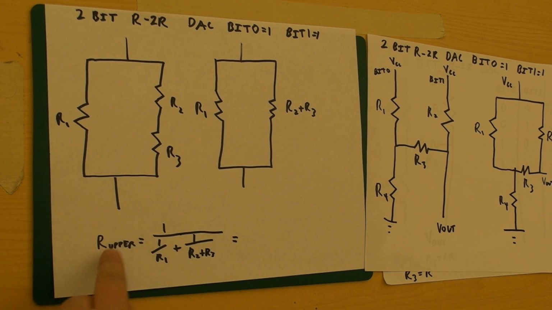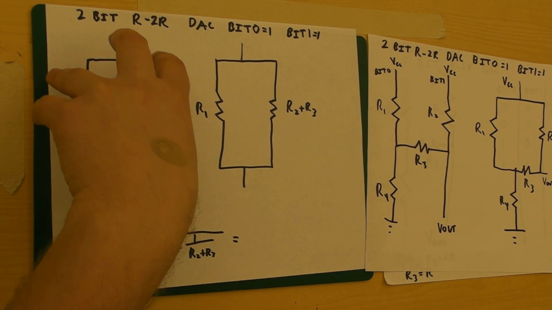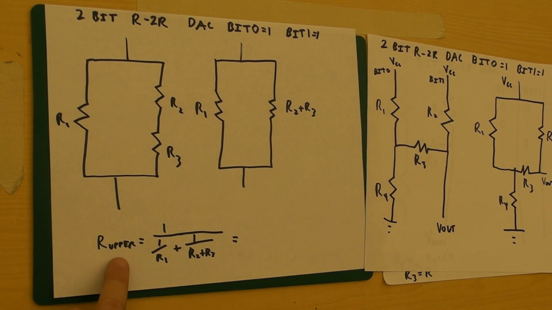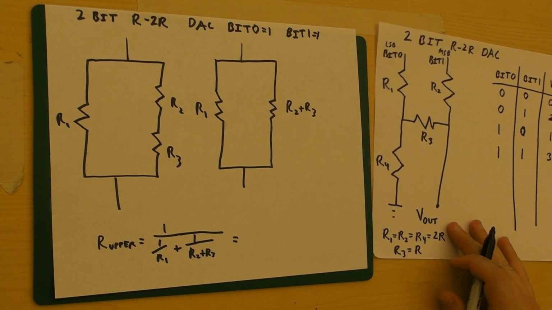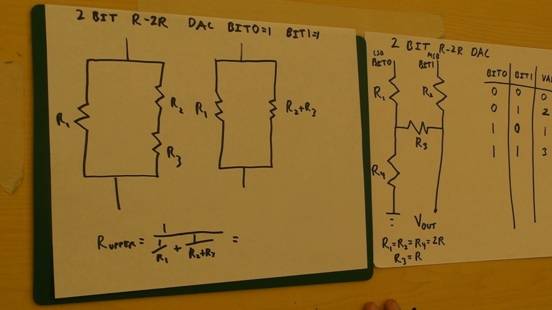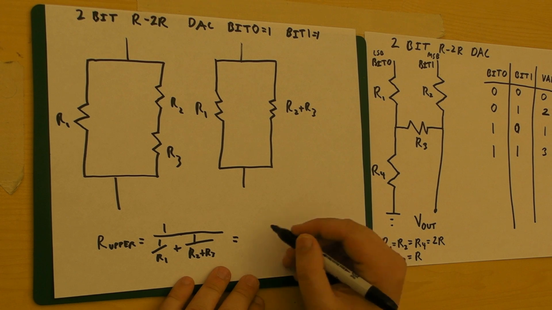And so R upper, basically all the resistance here, is R upper equals 1 over R1 plus 1 over R2 plus R3. Now we know from our original circuit that R1 is 2R, R2 is 2R, and R3 is 1R.